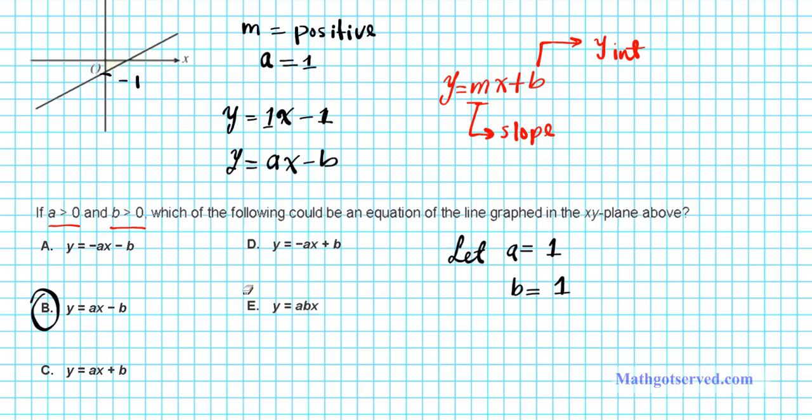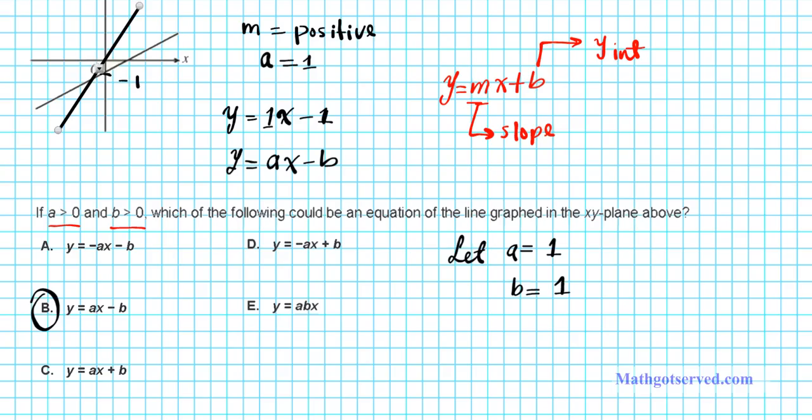For option E, the y-intercept will be 0, and the slope will be positive because the product of two positive numbers is a positive number. So the line will look something like this. A line going up from left to right, intersecting the y-axis at 0.